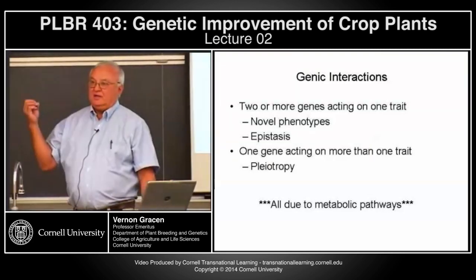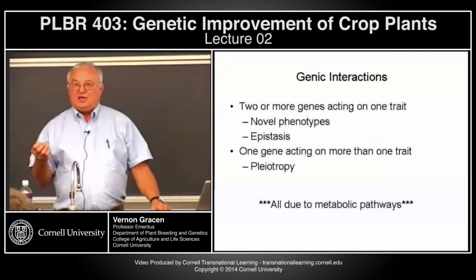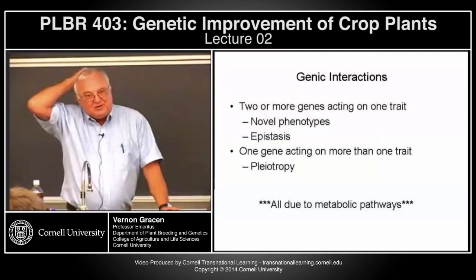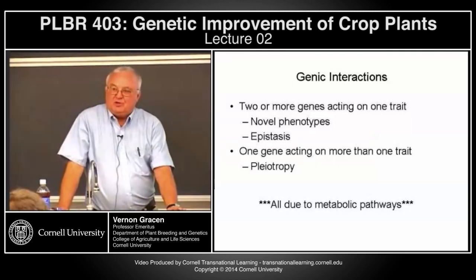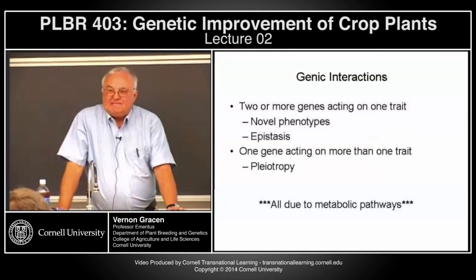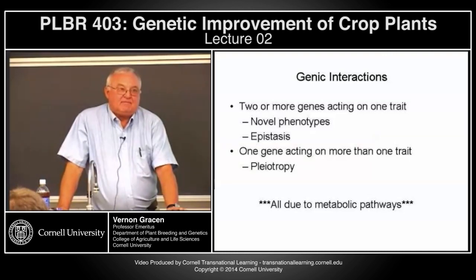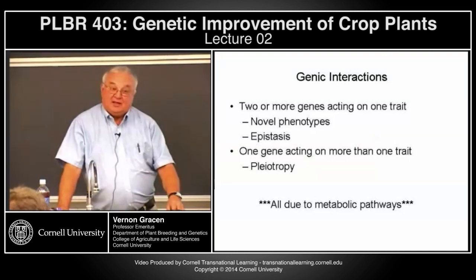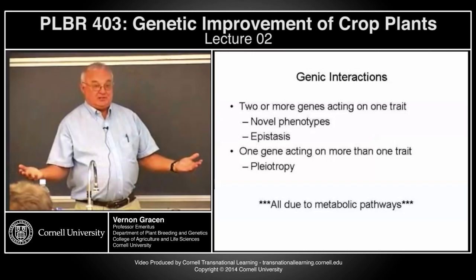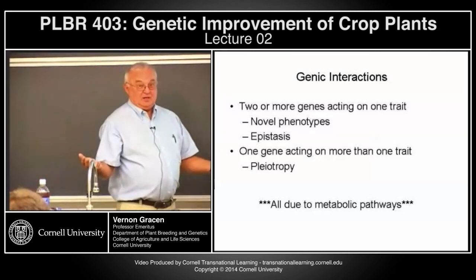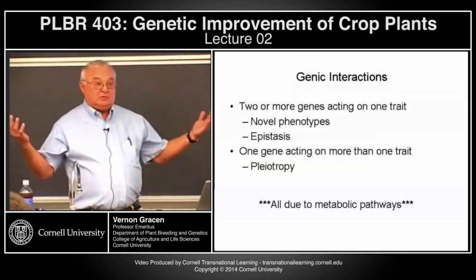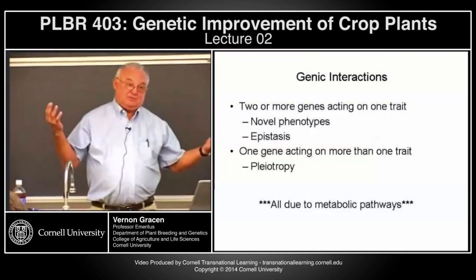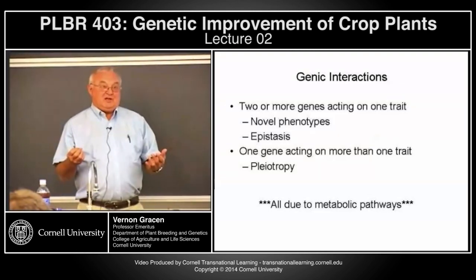And we haven't talked yet about molecular genetics, but with molecular genetics, why don't we consider epistasis more than we do? What exactly is epistasis? That's the point. What is epistasis? How do you explain it? How is it controlled? We don't know.